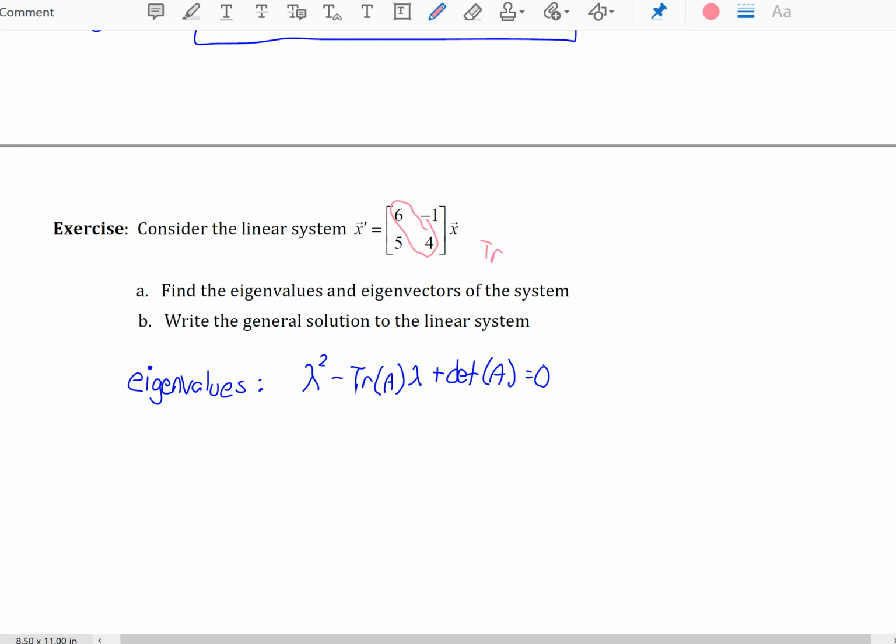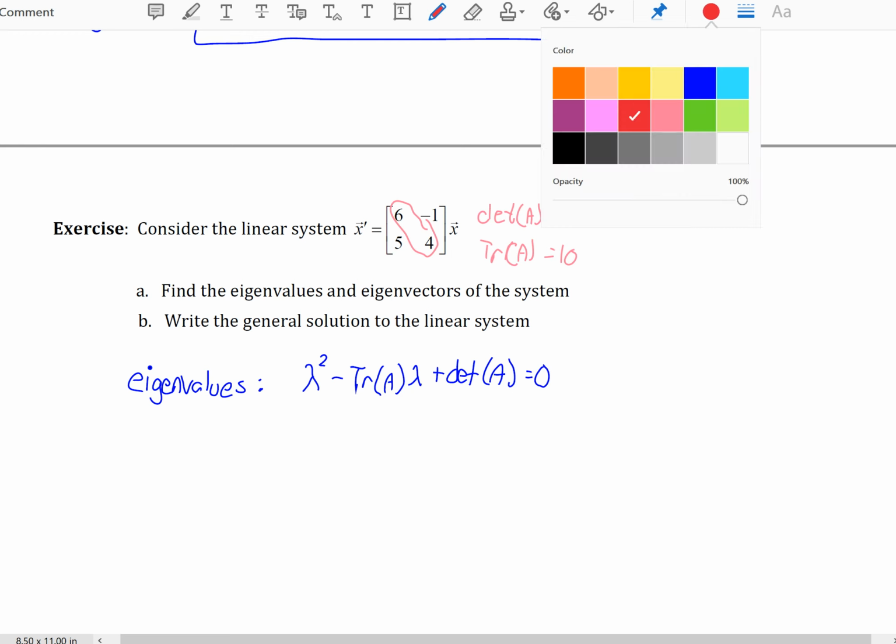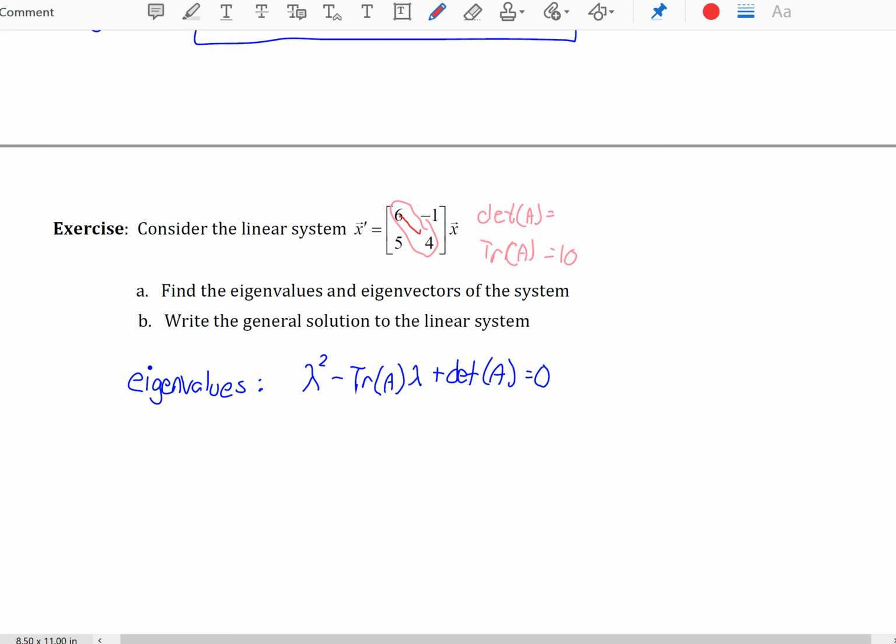So here the trace of A is 10, and the determinant of A would be 6 times 4, remember, it's the product of your main diagonal, so 24 minus this negative 5 gives us 29.